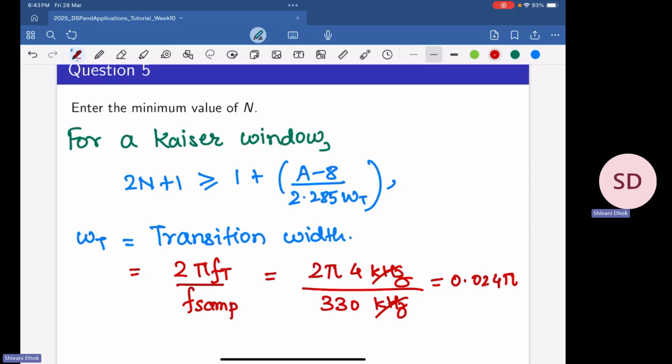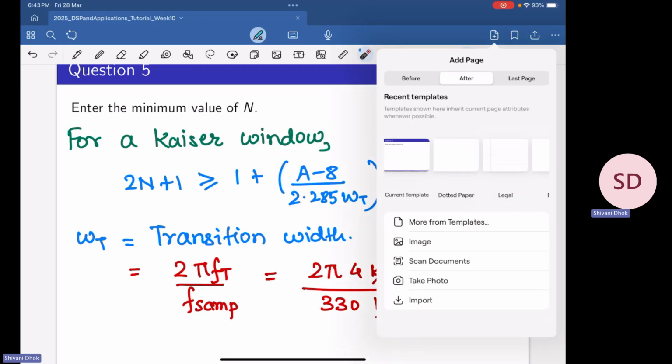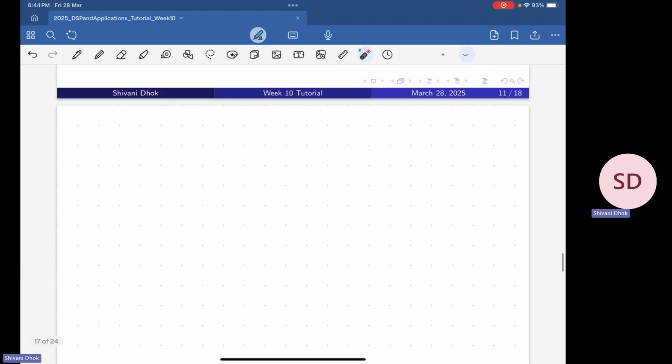Okay, so now we know A, we know the value of omega t. Now let us figure out the minimum value of n. Let us substitute omega t equal to this and A equal to 16.478 in this equation. Let me rewrite the formula here.